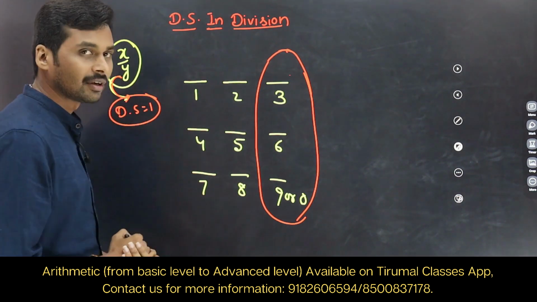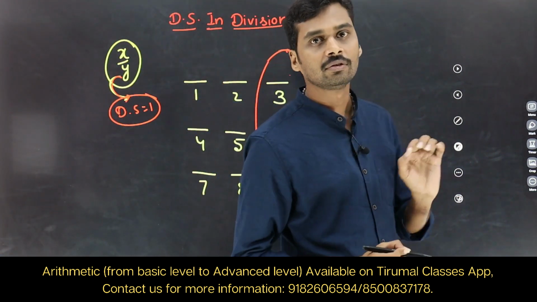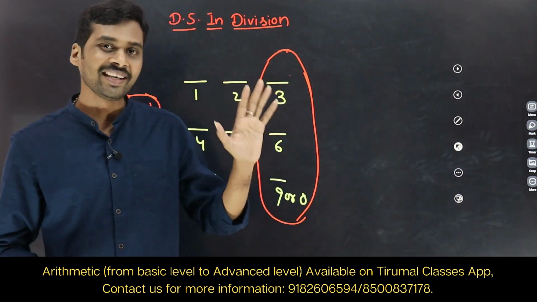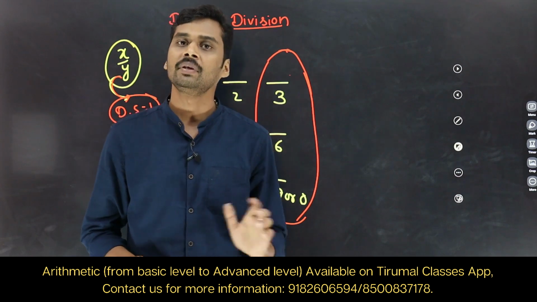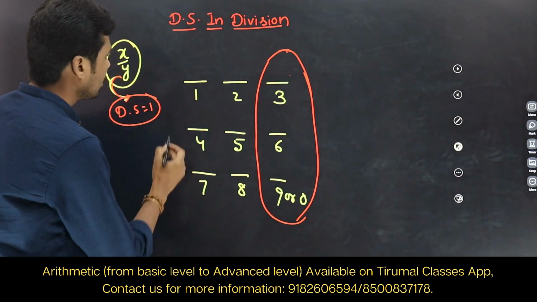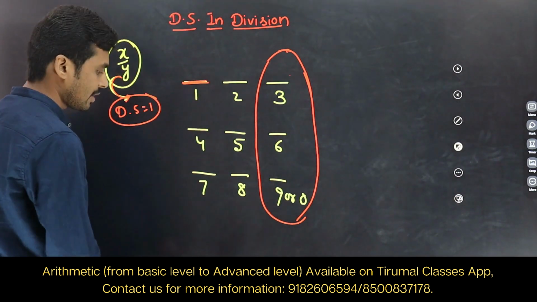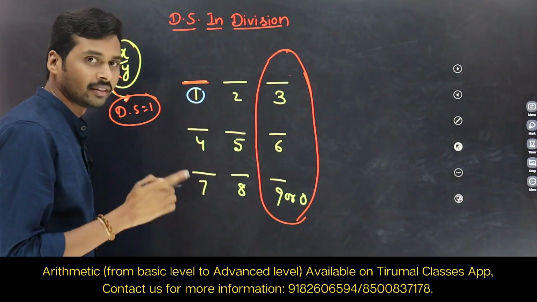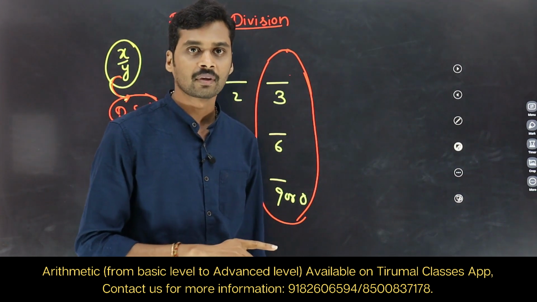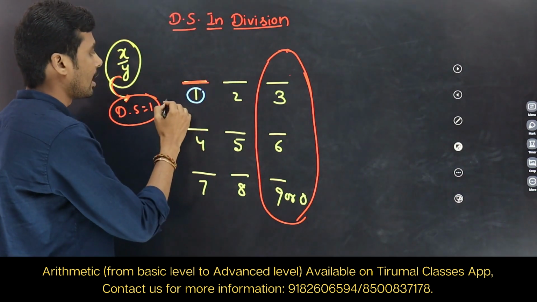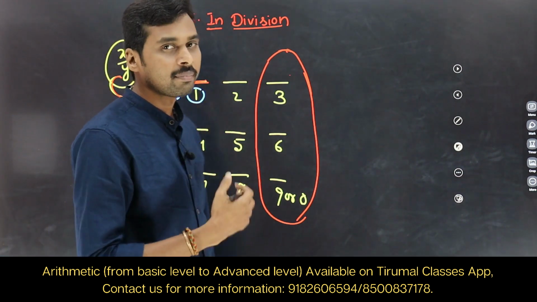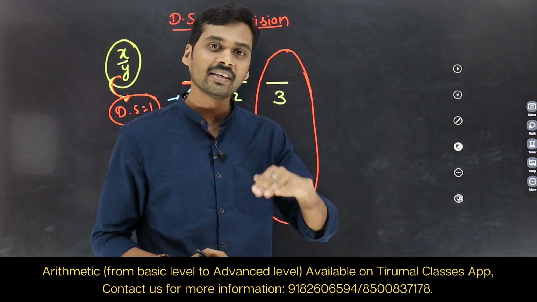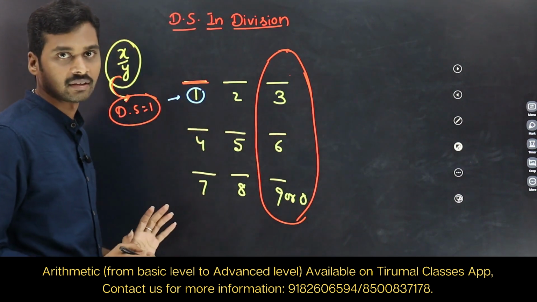If you get the DS value as 1, I don't have any problem, because the denominator DS value is already 1. So I don't need to do any mathematical operation. When the denominator DS is 1, we can simply leave it like that.